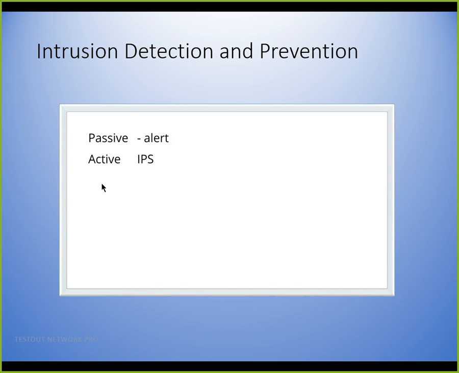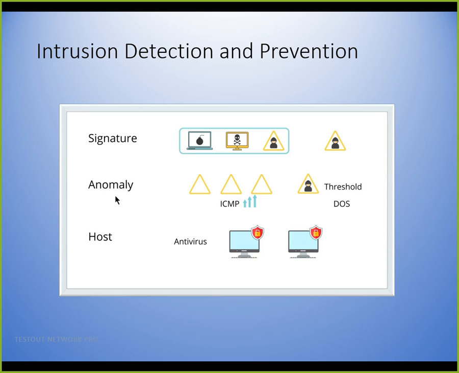So intrusion detection systems are passive alert, active is the IPS, the intrusion prevention system. Signature based, anomaly based, can be on a host or on the network. The signature based, the signatures are files that have to be updated on a regular basis, just like antivirus signatures have to be updated on a regular basis.